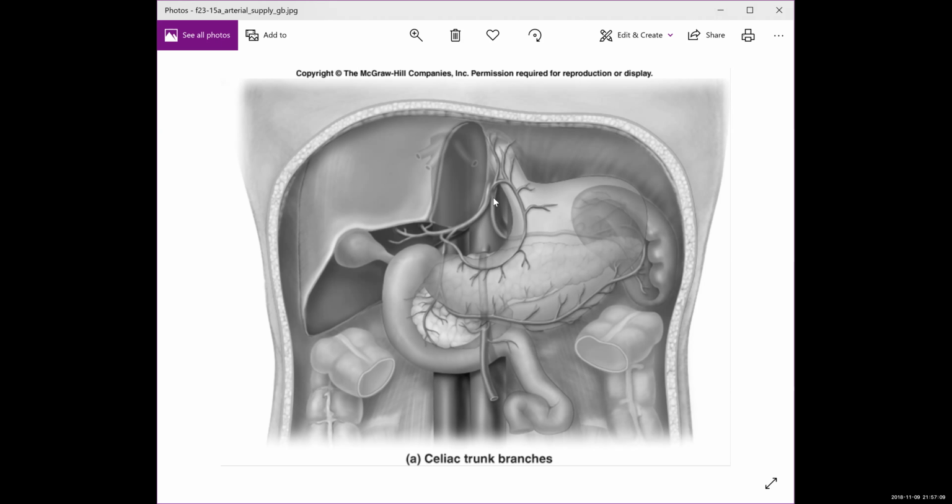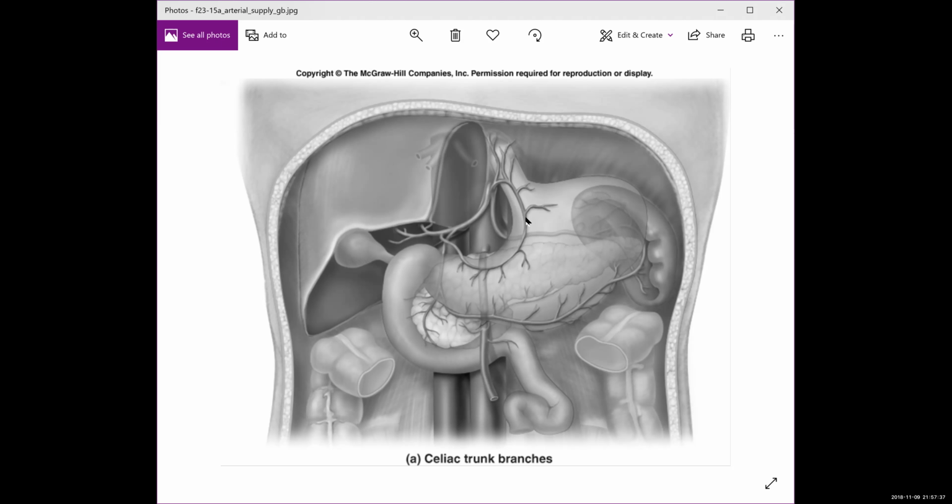Name the vessel right here that comes out of the aorta. Celiac trunk. Name this vessel that comes up and around along the lesser curvature of the stomach. Left gastric artery. Name this vessel here.